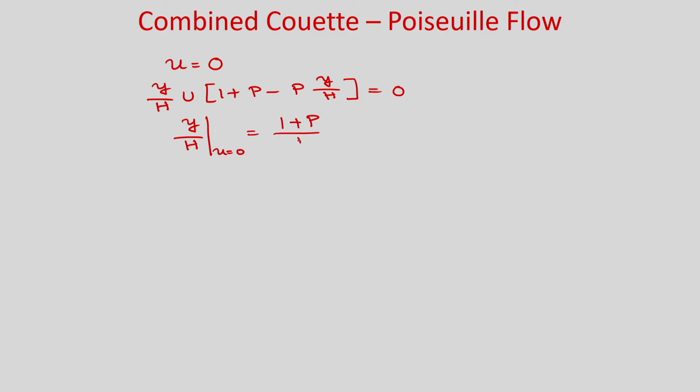Okay. So, we can write when u is equal to 0, what is the location of this. From this expression of velocity profile, you can write 1 + p − p y/h = 0. So, from here you can see y/h when u is equal to 0 will become (1 + p)/p when p is less than or equal to minus 1.